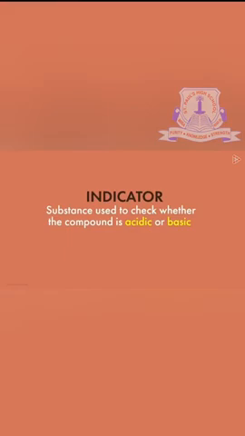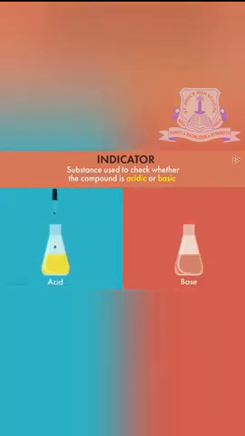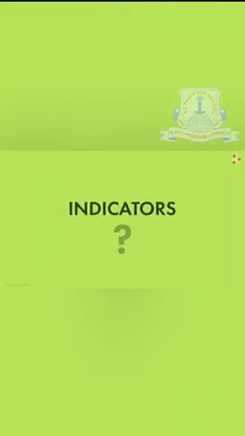These compounds are known as indicators. Whenever an indicator is added to an acid or a base, they always bring about a change in color. So indicators like litmus paper and phenolphthalein can check whether a given compound is acidic or a base.